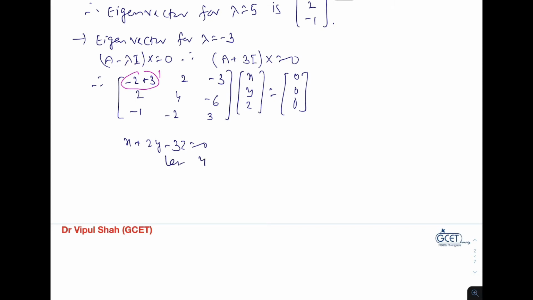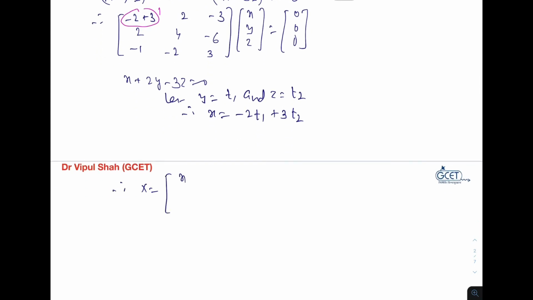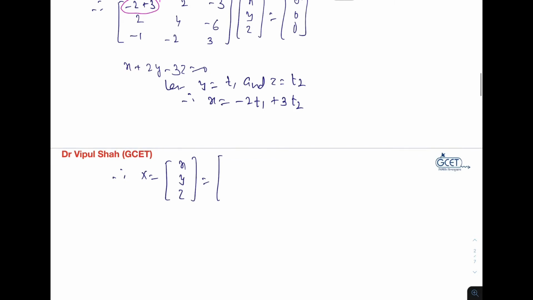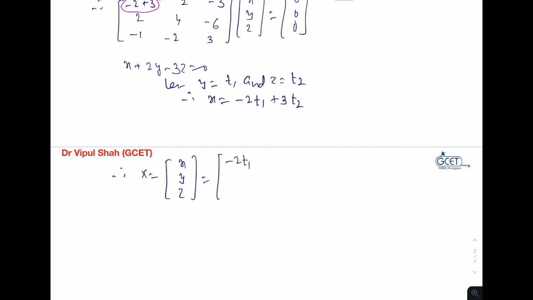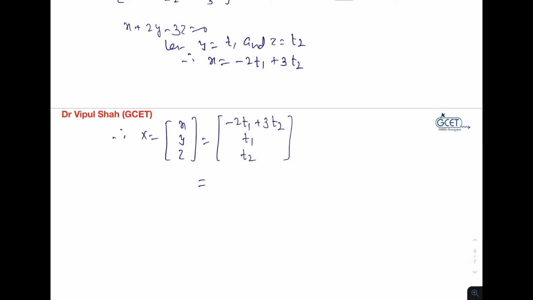So let y equal to t1 and z equal to t2, and therefore x equal to minus 2t1 plus 3t2, and therefore x y z is equal to minus 2t1 plus 3t2, then t1, t2, and this we can write as minus 2t1, t1, 0 plus 3t2, 0, t2.